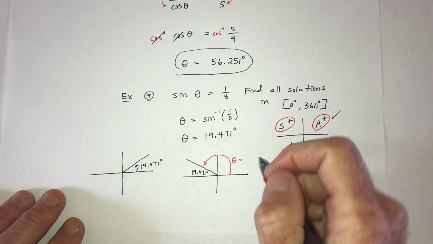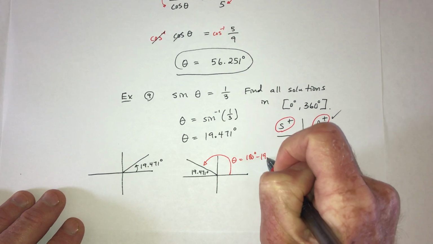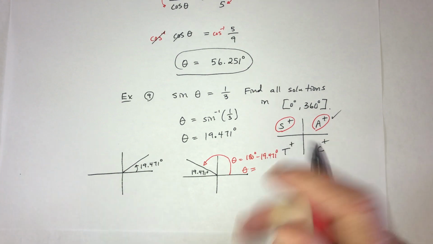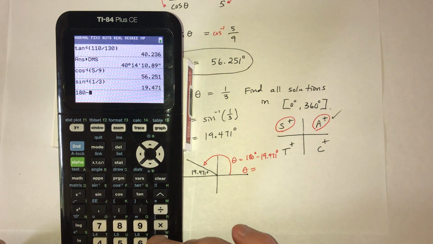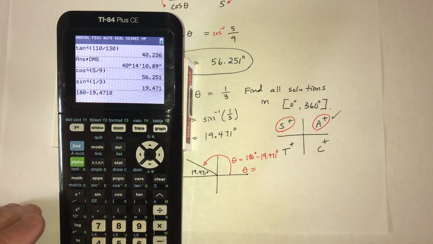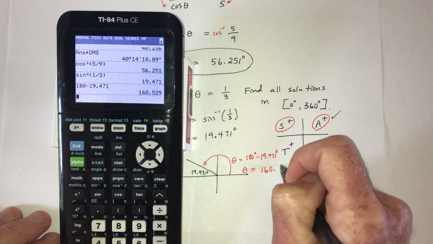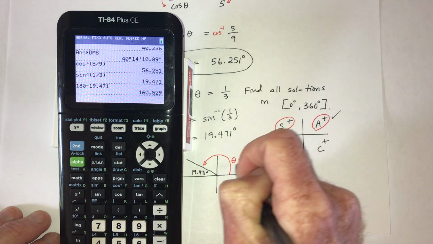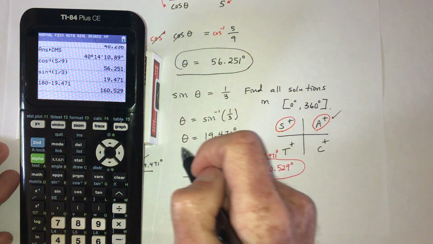And this red angle would be 180 minus the 19.471. So 180 minus 19.471 is 160.529 degrees. So we now have the two solutions.